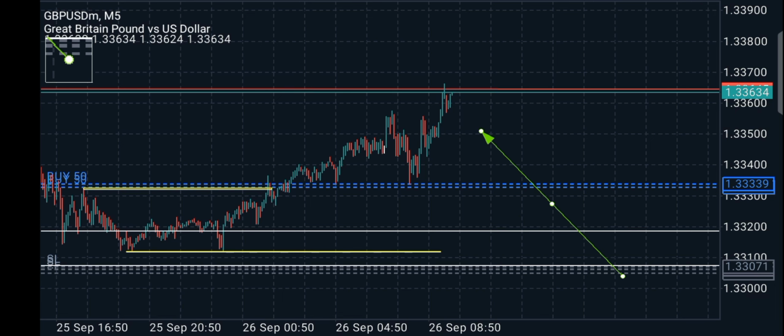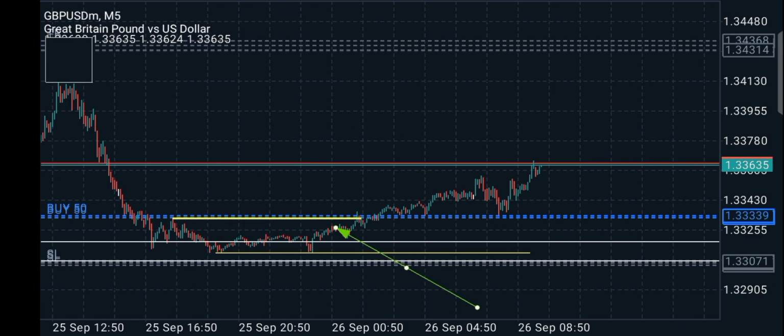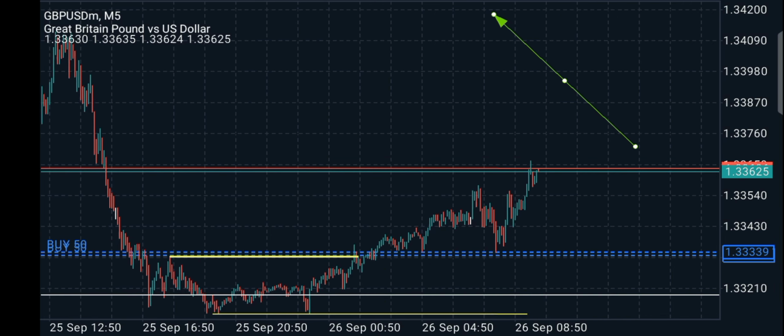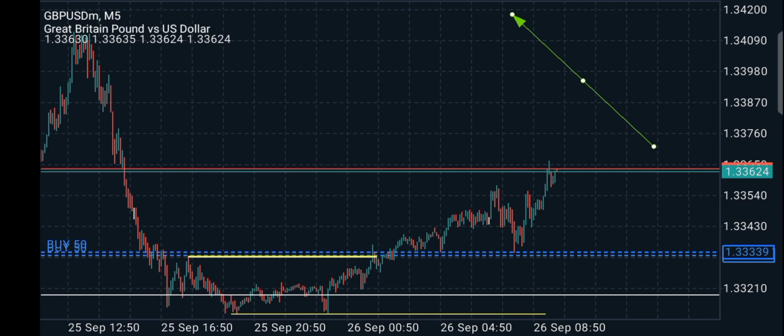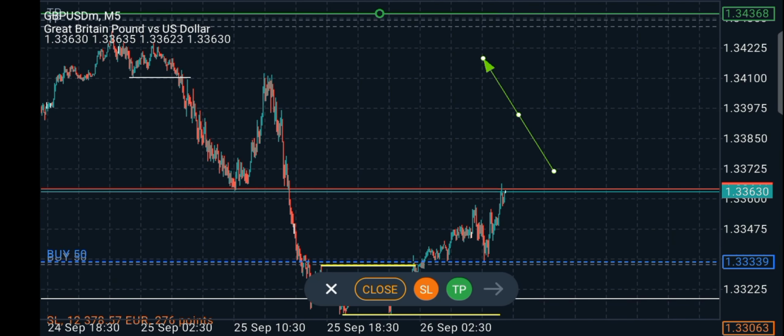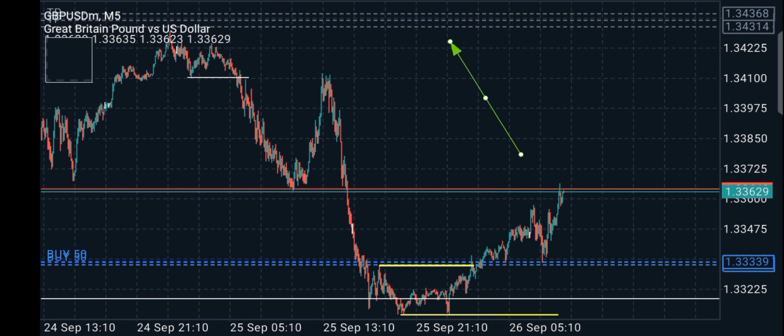I was hoping that price from this place would come down to these equal lows and take out liquidity before going fully. But since it did not take out the liquidity, it's going to do that maybe in the future when it goes to the old high, which is a potential liquidity level.